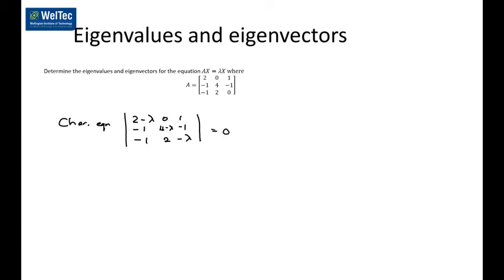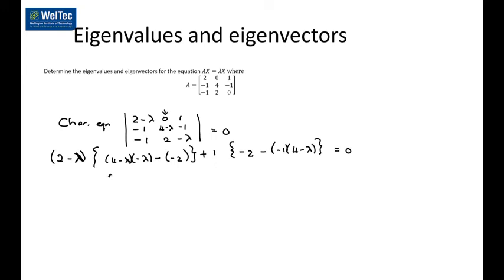So as before, 2 minus lambda, actually that's a lambda, not an x, times (4 minus lambda) times negative lambda minus negative 2, plus 1 times (negative 2 minus negative 1 times 4 minus lambda), because there's no middle term because I've got a 0 there, and that's got to equal 0.